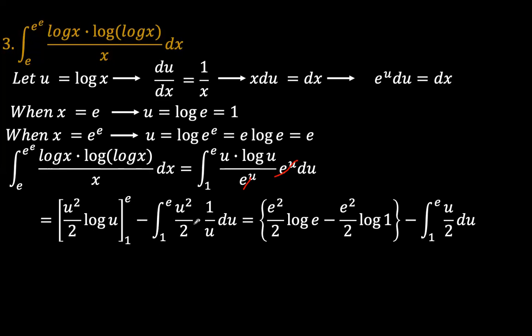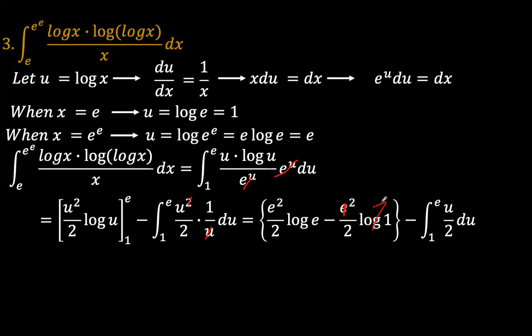And then here we have now du times v, which is u squared times the derivative of log u, which is 1 over u. So this cancels with one of the powers here. So having substituted the limits here, we have e squared over 2 log e minus 1 squared over 2 log 1.